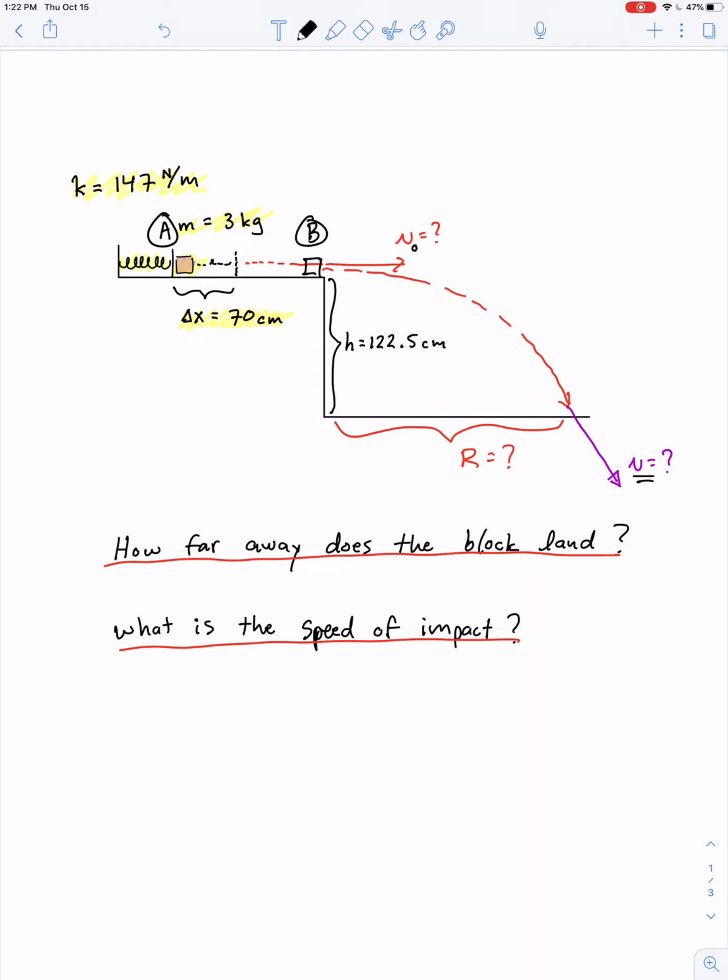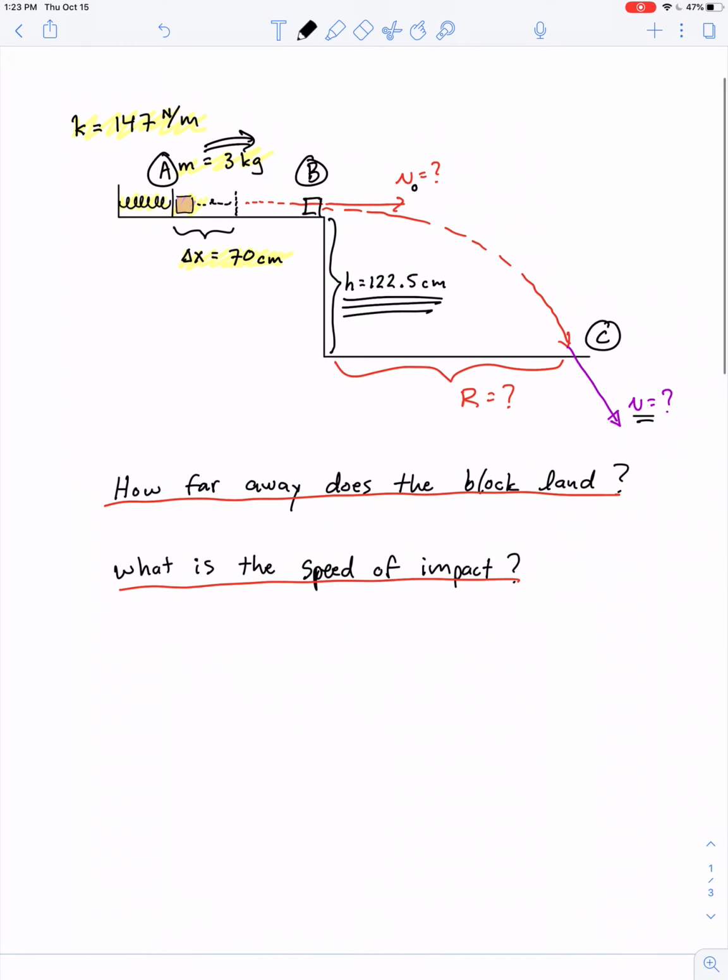When it gets to position B, then all of that potential energy has been unleashed and converted into kinetic energy. Of course, at point C, there's an even greater amount of kinetic energy due to the loss of gravitational potential energy as it falls from a height of 122.5 centimeters. Anyhow, let's just study for now the conversion of energy from point A to point B.